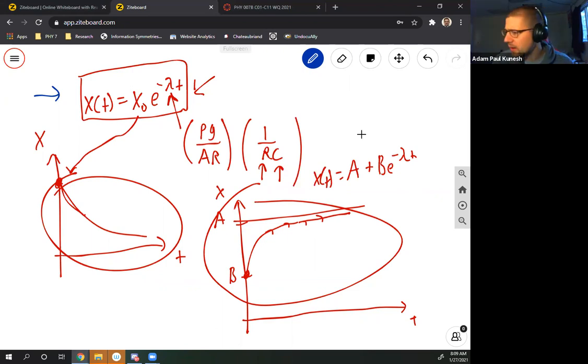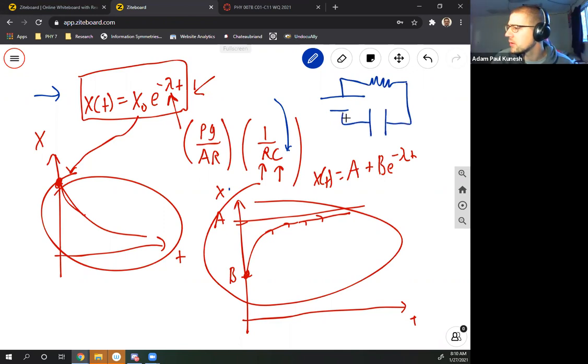Question, what the C stands for? Yes, capacitance. If you haven't watched the lectures yet, no worries. We're going to pivot off of this and go back to basic circuits in just a second. If you have an RC circuit, with a battery, a resistor, and a capacitor, which is just two plates of metal separated by a distance, capacitance tells me roughly how much charge can be stored on the capacitor, kind of like how much fluid can be stored in the columns in the fluid case, where we have two fluid columns with a connecting pipe between them.